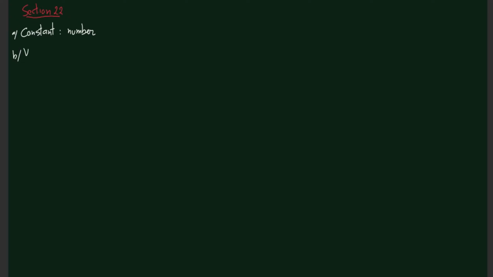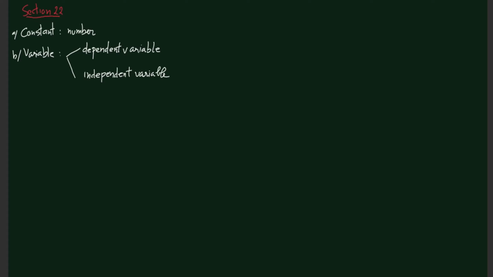The second one is variable. Variable. And there are two types of variable. We have dependent variable and independent variable. Okay.